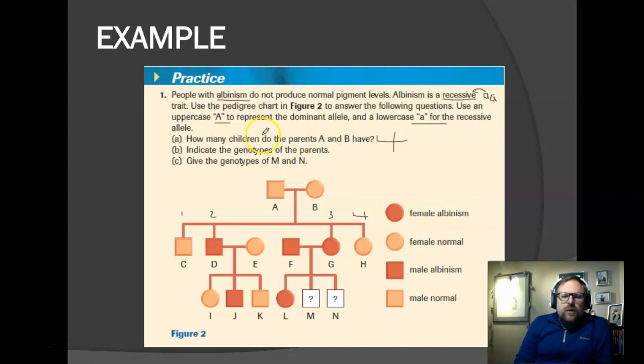Now, the tricky part here is indicating the genotypes of the parents. And so this is where you want to try to reverse engineer. We're trying to figure out these genotypes. Here's a couple of ways you can tackle this. The first way is I would go through and I would say that we can figure out the genotypes of all of these ones that have albinism.